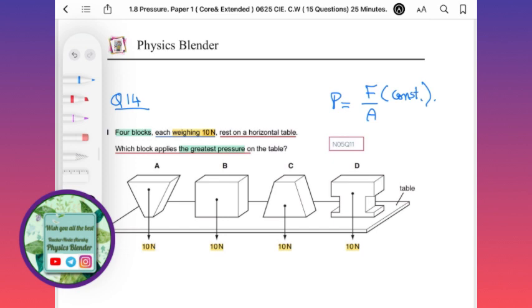According to the factors we have here, force acting over a small area gives larger pressure. So greatest pressure means small contact or base area. Which case here represents this? The smaller base area, which is shown in the diagram, is A.